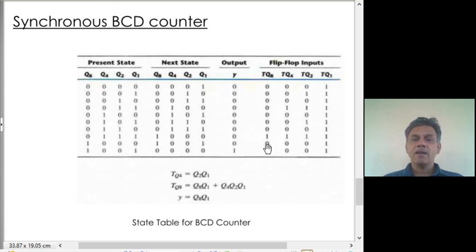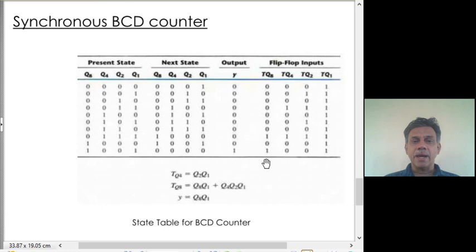In addition, when we complete one BCD counting, that is, when you go from 9 to 0, it means that we have completed one BCD counting. At this point, we should count the next significant BCD digit if it is there in a larger number.